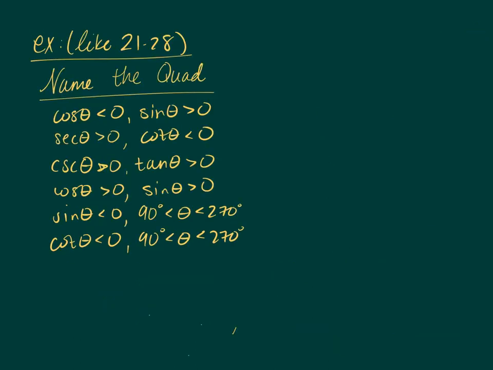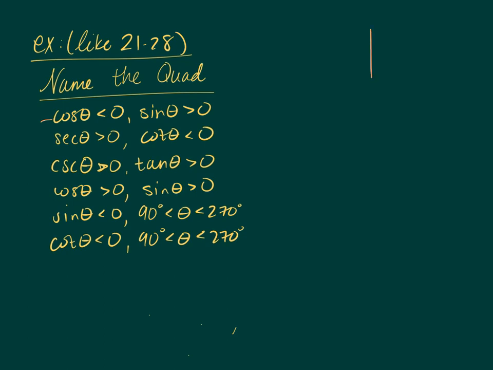Last thing we're going to look at are examples similar to 21 through 28 on your classwork, okay? So what we're doing here is we are naming the quadrant given some characteristics of the trig function values, namely what sign do they have. So this is where the chart on page 3 of the notes is going to come in real handy, okay? So let's look at the first one. It says cosine theta is less than 0 and sine theta is greater than 0.